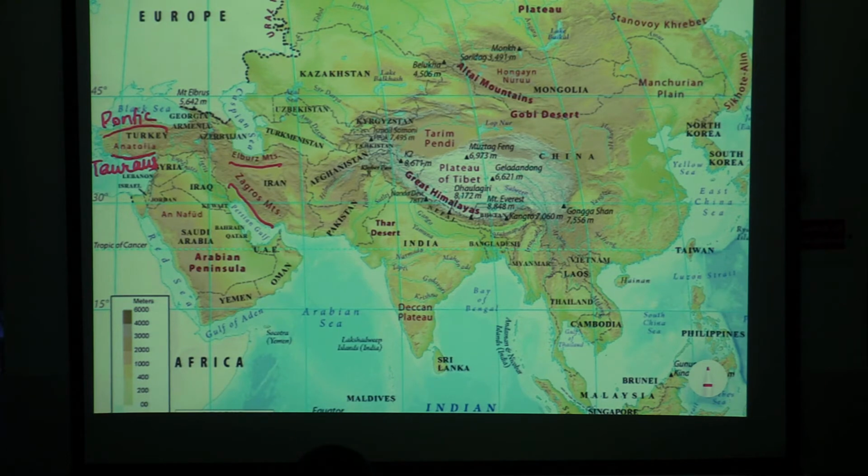In Afghanistan and northern Pakistan, you have Hindu Kush. In Pakistan, you have Suleiman. Greater Himalayas in India, Nepal, Bhutan, and Kunlun Shan in China.